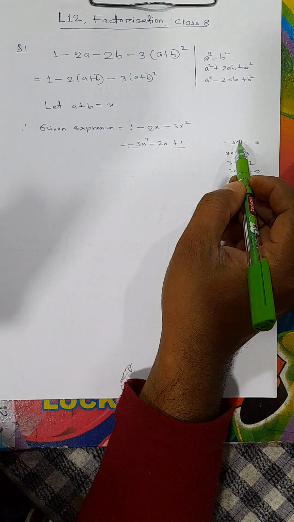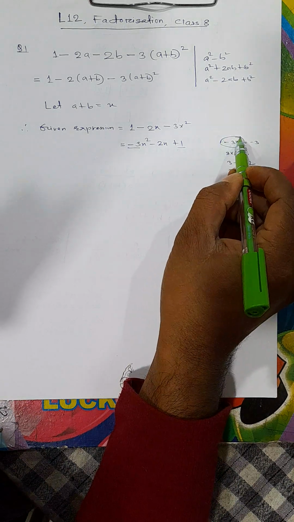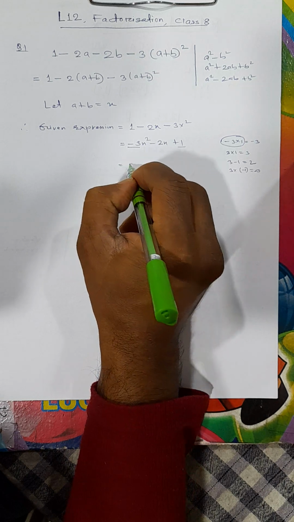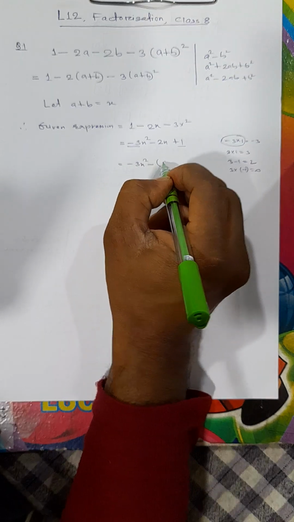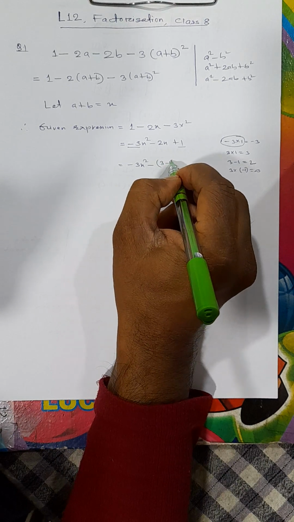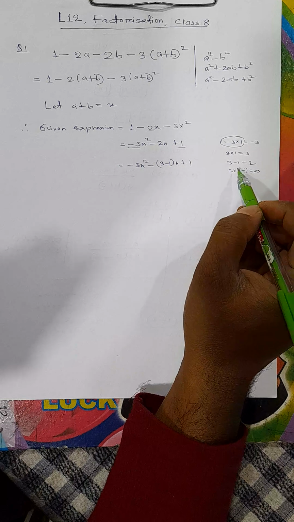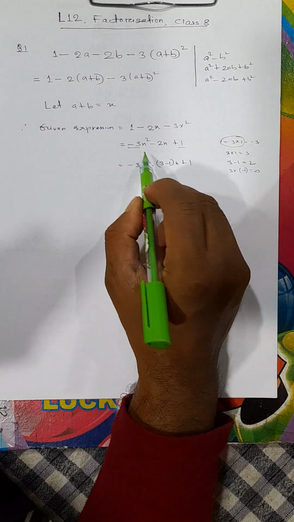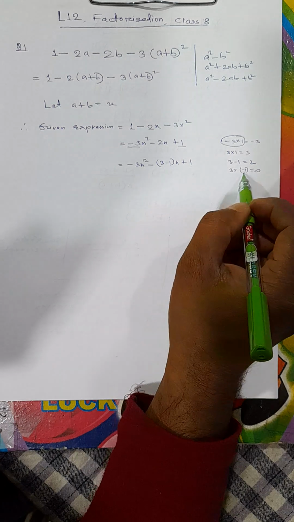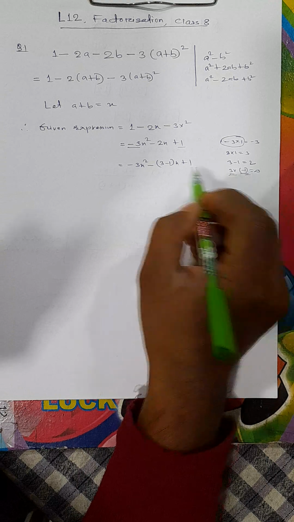So we can use these two factors to find the middle term here. So we will write 3x square minus (3 minus 1)x plus 1, right? 3 multiplied by minus 1 equals minus 3. So we are using these two factors, 3 and minus 1, to find the middle term here.